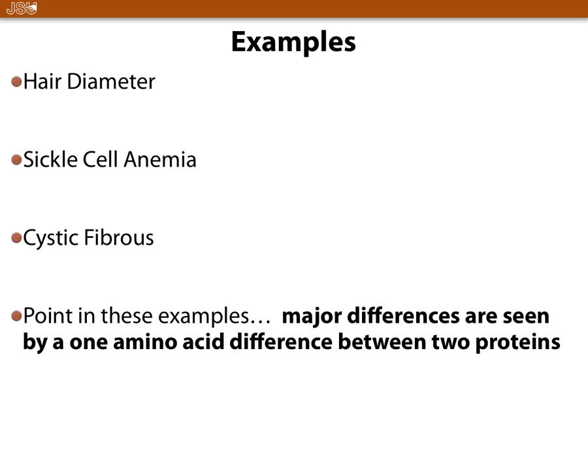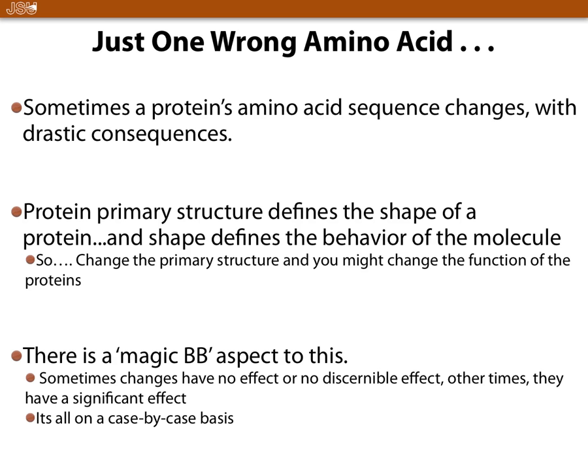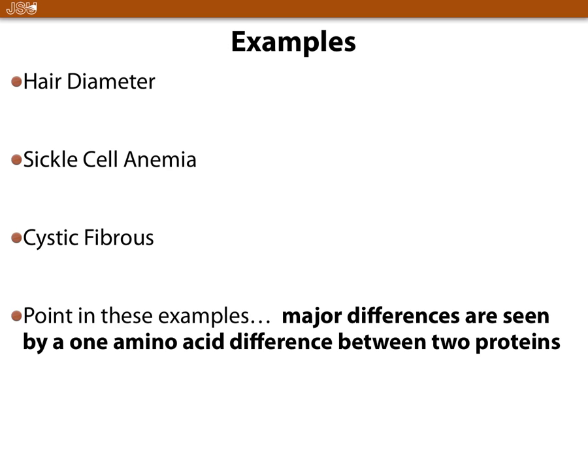We gave 3 examples, and let me say, there's a magic BB aspect to this. That's what I call it. You could have no effect, but then you could have a major effect. It just depends on the situation. Again, it's a case-by-case basis. But we gave 3 examples. Don't need to know these examples, just the point that major differences can be seen by one amino acid difference.